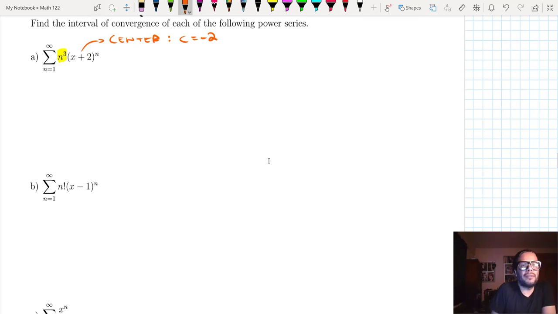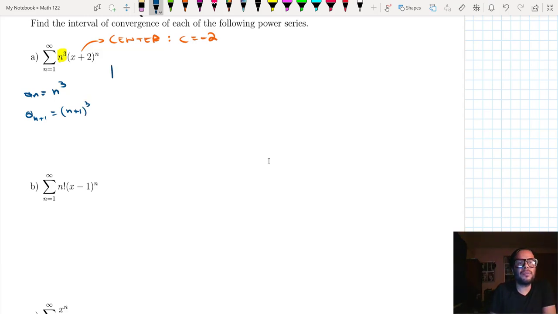Okay, so a sub n. What is a sub n? A sub n is the quantity I highlighted with yellow, which is n cubed. I'm going to shift this a sub n to n plus 1. Wherever you see the n, replace it with n plus 1.